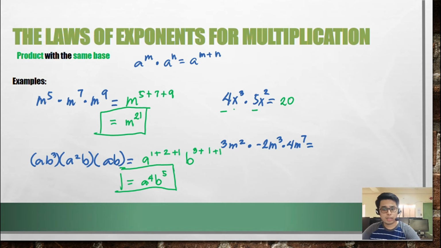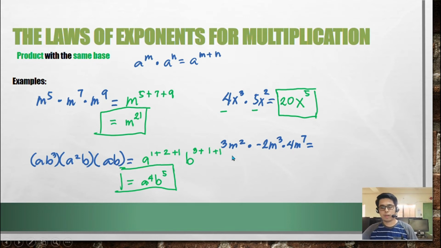Then, apply lang natin yung law, i-add lang natin ang exponent niya. So, copy the common base, x, then pwede na natin shortcut to. 3 plus 2 is 5. So, x raised to 5 yung sagot natin. So, 20 x raised to 5 yung ating sagot. Okay? Yung ganun lang.